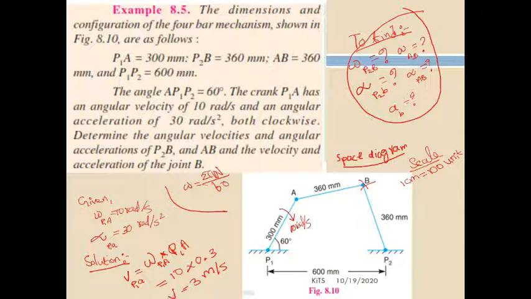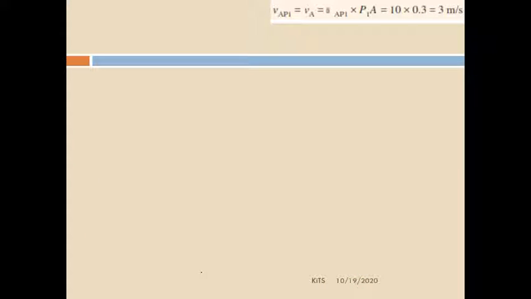So we got the velocity of P1A, VP1A is 3 meter per second. Now we have to go for velocity diagram. Velocity value Va equal to omega, angular velocity of AP1, into length of P1A, that is 10 into 0.3, 3 meter per second.